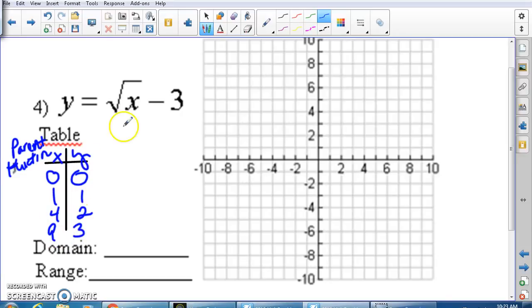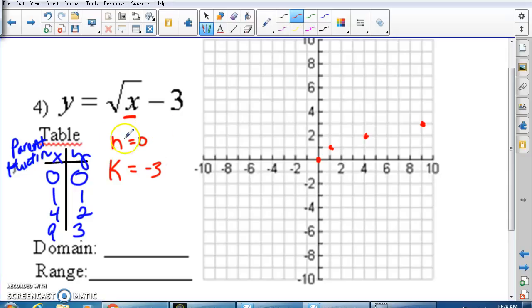Then we will go over and plot these coordinates. I'm going to use red again: (0, 0), (1, 1), (4, 2), and (9, 3). Second, I'm going to look at h and k. Looking under the square root, there's no number added or subtracted, so h is going to be 0, and k is the number outside, negative 3.